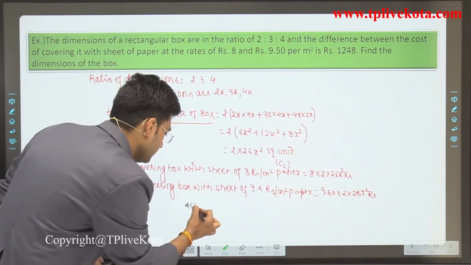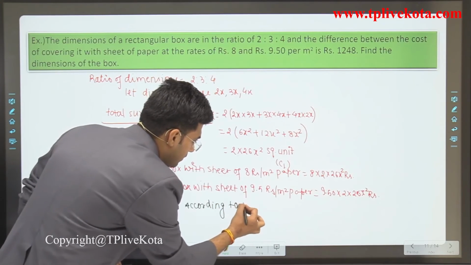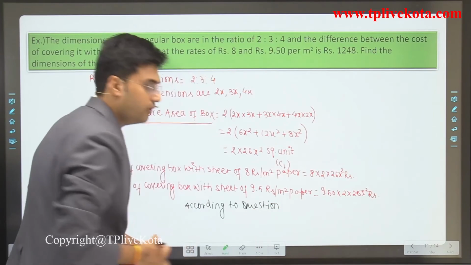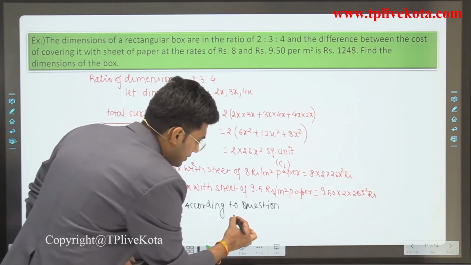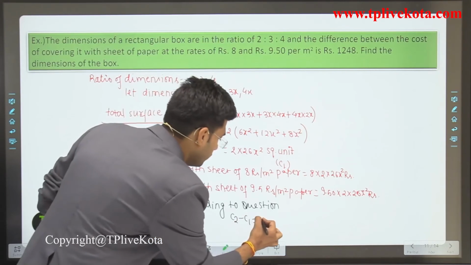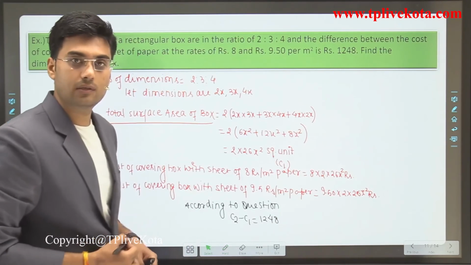according to the question, the difference of C2 and C1, C2 minus C1, is equal to 1248 rupees. Clear?